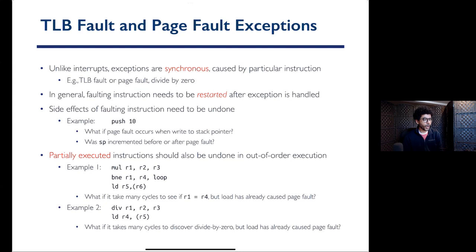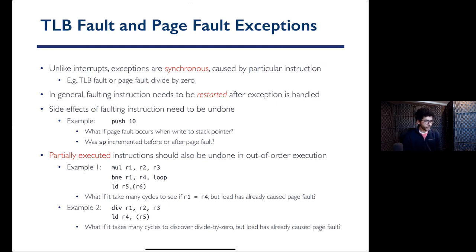One example of an exception is divide by 0. If your program divides by 0, that raises an exception. Another example is this page fault, or TLB fault. So these are exceptions that could happen as a result of executing an instruction.